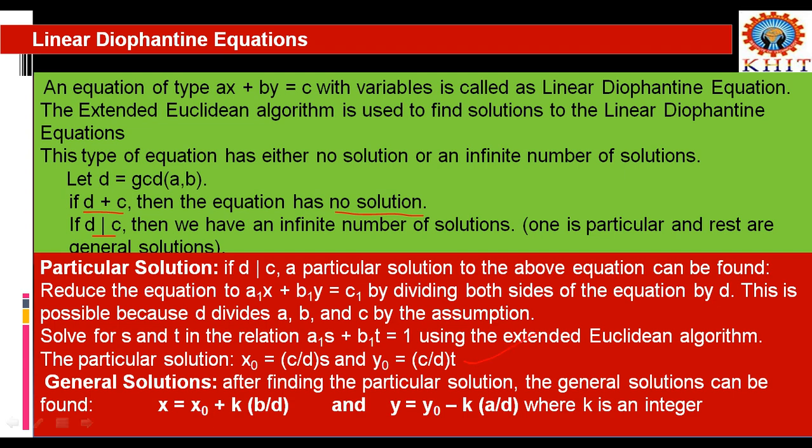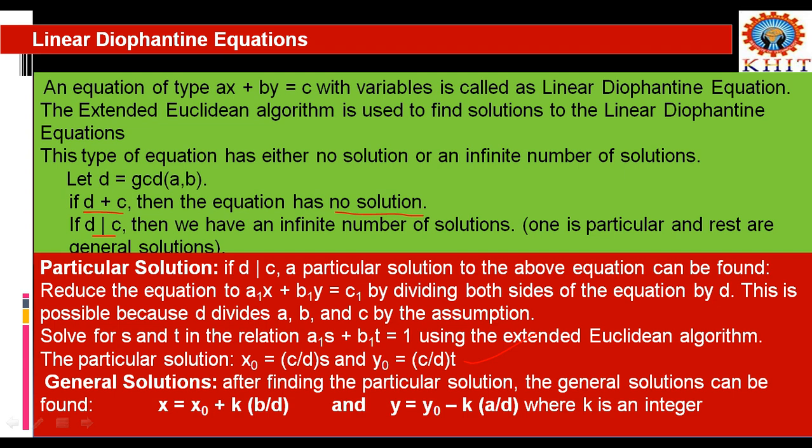If you get the particular solution, that means x0 and y0, then it is very easy to get the general solutions. After finding the particular solution, the general solutions can be found using the formula x is equal to x0 plus k into b by d. This is the formula for getting the general x value.